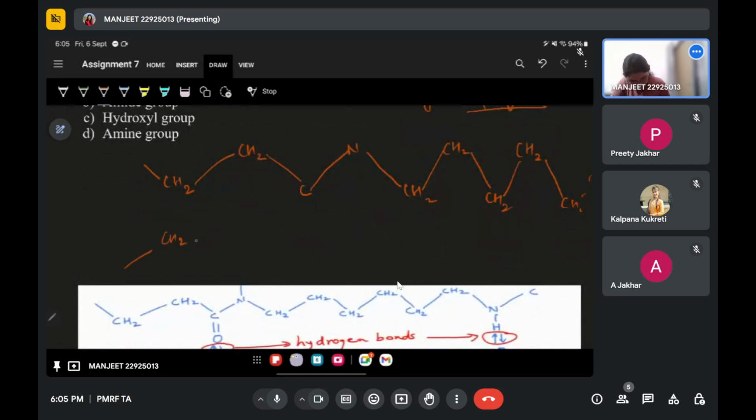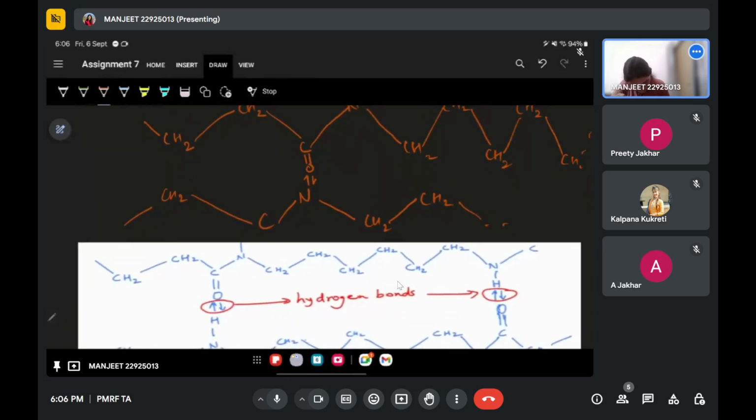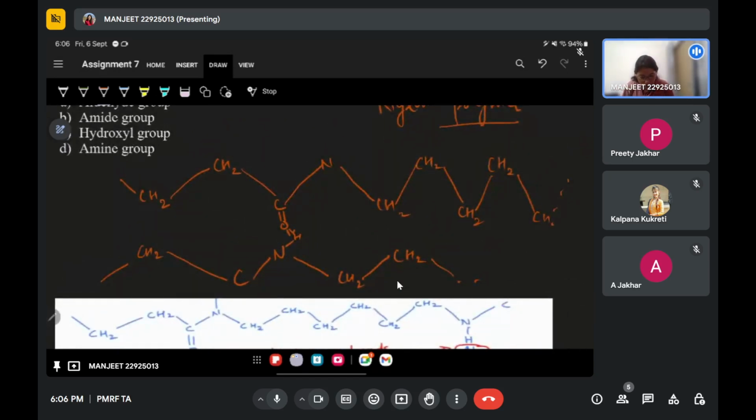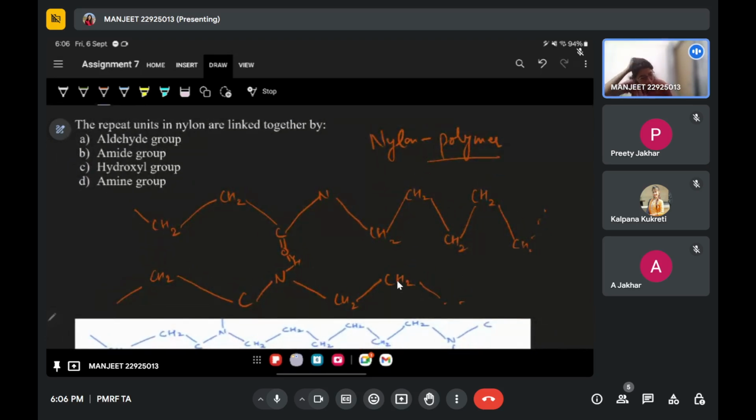Here this is C, this is N, then again CH2, and so on. This is the C=O bond, and there is hydrogen bonding between the O and H. So this is my nylon structure.